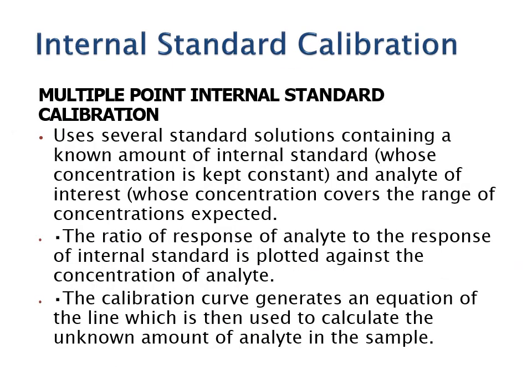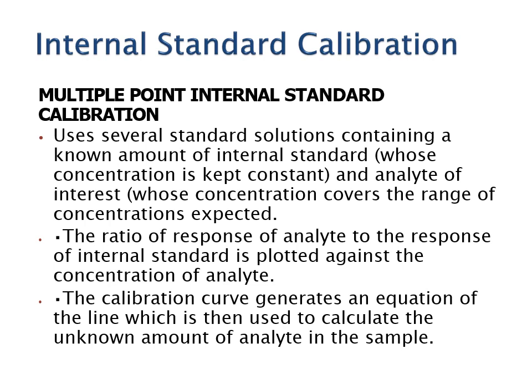Next, we have multiple point internal standard calibration. So, it uses several standard solutions containing a known amount of internal standard whose concentration is kept constant and analyte of interest whose concentration covers the range of concentrations expected.